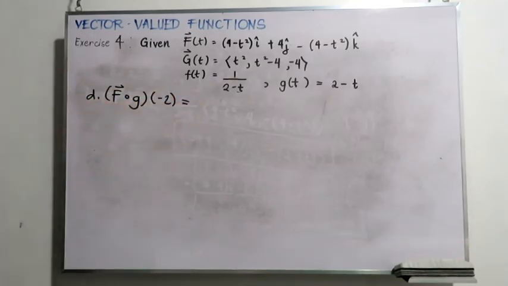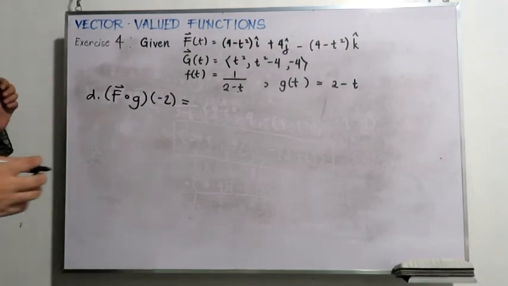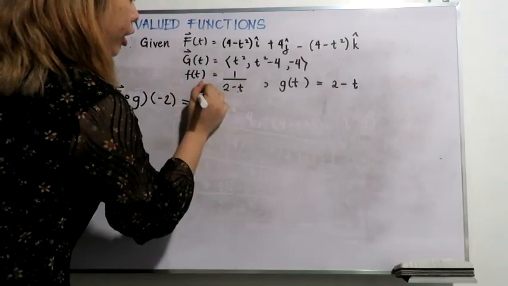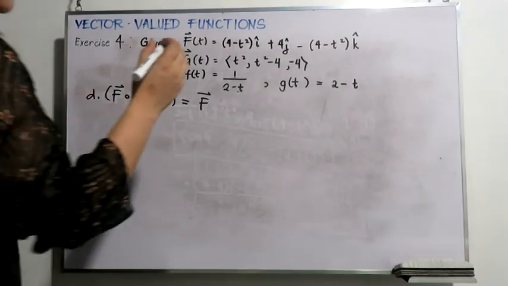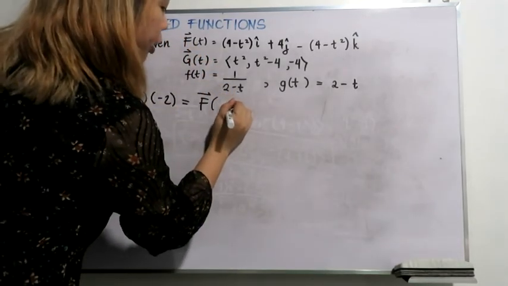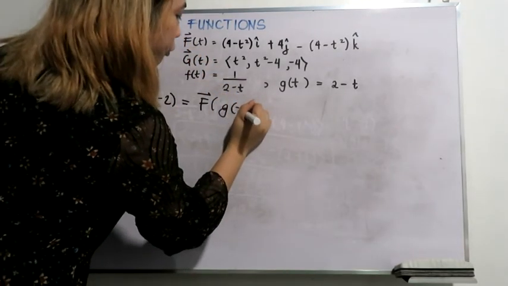By the definition of composition of vector valued function with real valued function, this is simply capital F evaluated at g of negative 2.